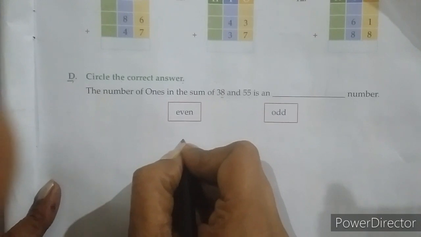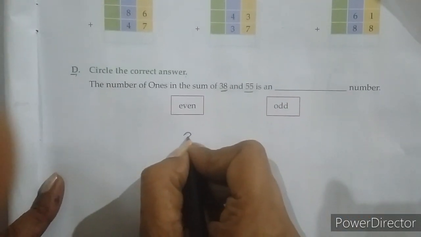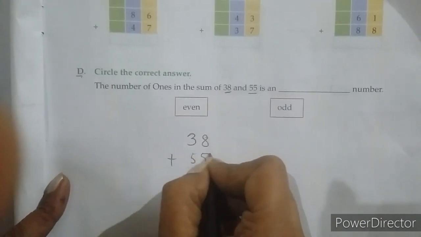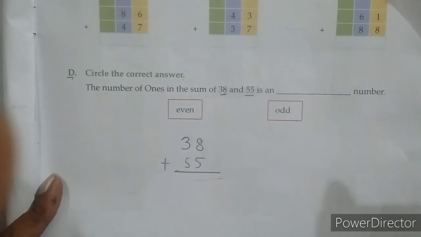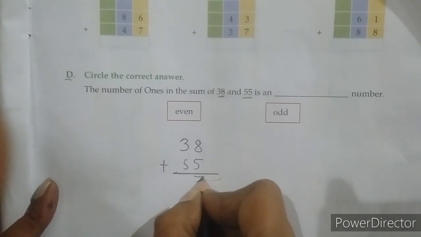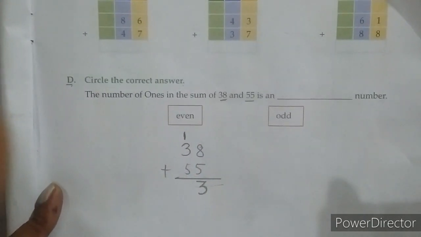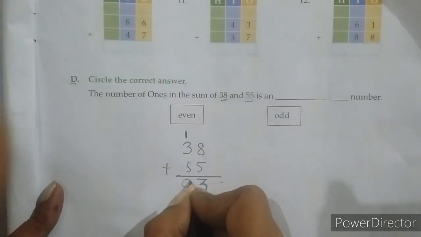So first of all, sum means you have to add these numbers, 38 plus 55. So 8 plus 5, 8, 9, 10, 11, 12, 13. So here we will write 3 and carry 1. So 3 plus 5, 3, 4, 5, 6, 7, 8 and 1, 9.